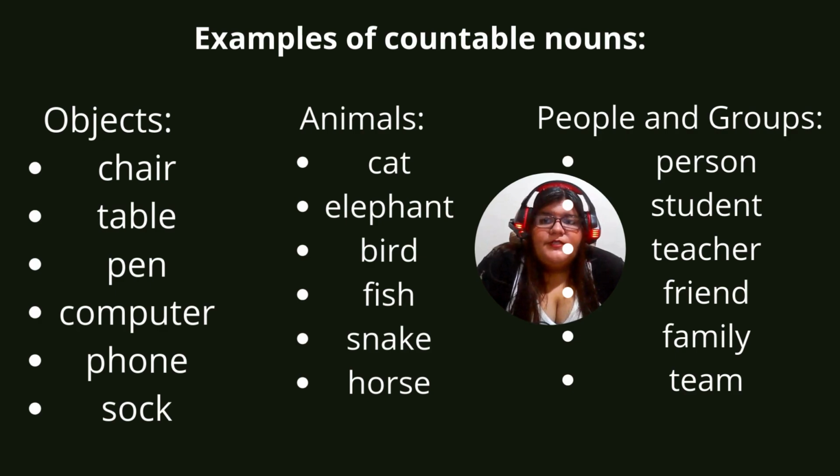Then we have examples of countable nouns, right? We have objects like chair, table, pen, computer, phone, and socks. Then we have the animals: cat, elephant, bird, fish, snake, horse. Then we have people and groups: person, student, teacher, friend, family, team, and whatever that is a person. And you can count, for example, all the animals that exist in the world if you can count them, right?